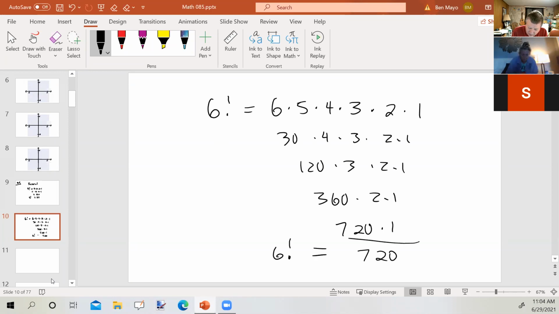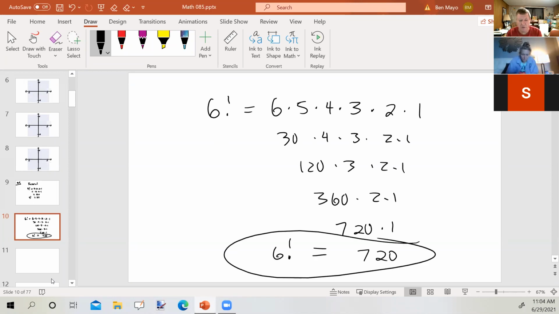So 6 factorial equals 720. So 10 factorial would be equal to 10 times 9 times 8 times 7 times 6 times 5 times 4 times 3 times 2 times 1. So you kind of got the idea of what the factorial notation means. Any questions on that?